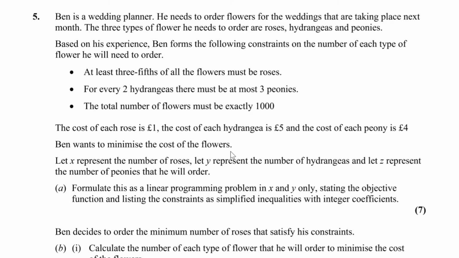Ben wants to minimize the cost of flowers, so we've got here X, which is the number of roses, Y is the number of H, and Z is the number of P. We have to formulate this as a linear programming problem in X and Y only, stating the objective function and listing the constraints as simplified inequalities with integer coefficients.